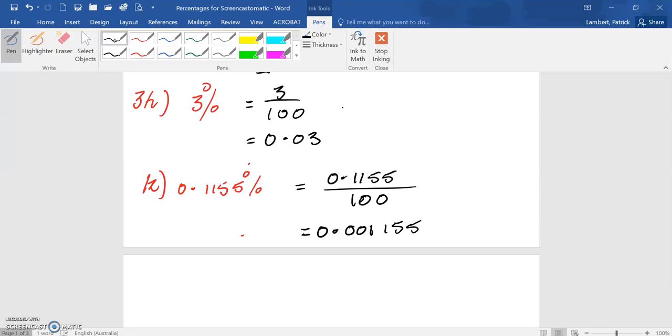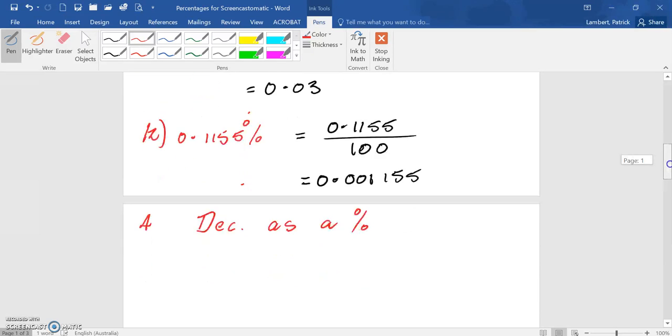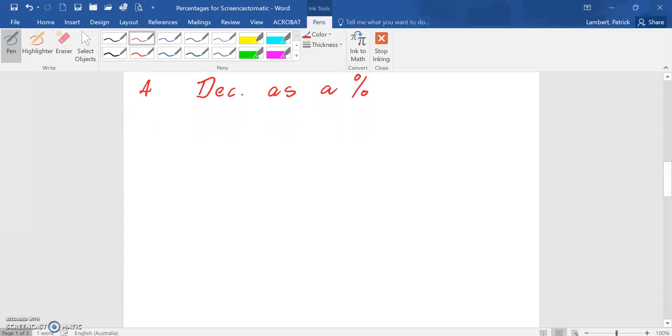Then we want to move on to question 4. Now question 4 is expressing a decimal as a percentage. Question 4, the first one, part A. Decimal as a percentage, part A. We've got 0.71.